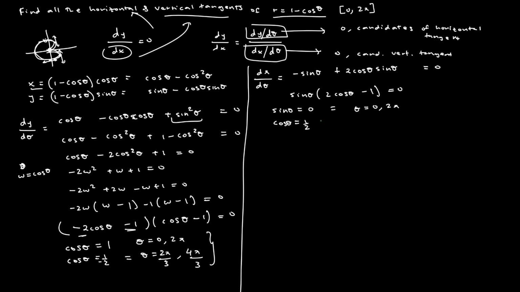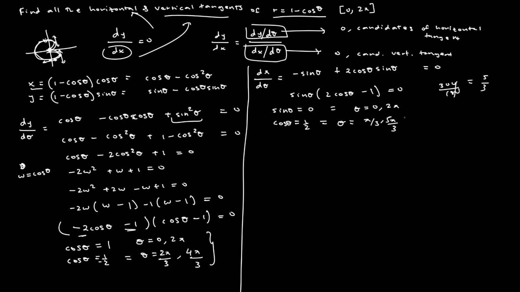And then cosine theta is equal to 1/2 when we have pi over 3, so at 60 degrees, and then at 300 degrees, which should be, well, 300 divided by 180 is 5 over 3, so 5 pi over 3.